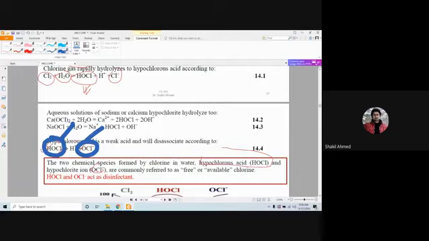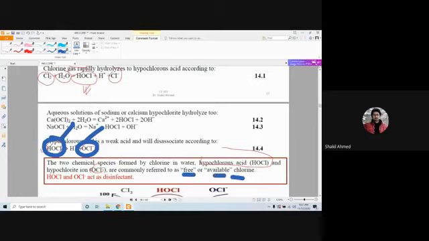The two chemical species formed by chlorine in water, hypochlorous acid and hypochlorite ion, are commonly referred to as free or available chlorine.